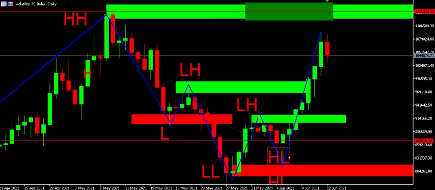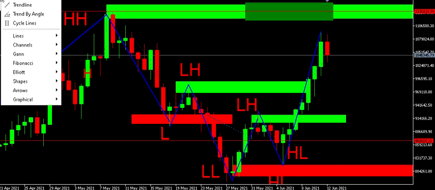So wherever you have HL, higher low, you are starting to have your uptrend. But wherever you have lower high, you're starting to have your downtrend. Now this lower high was broken around here for us to now have higher high. We have a higher high point around here.